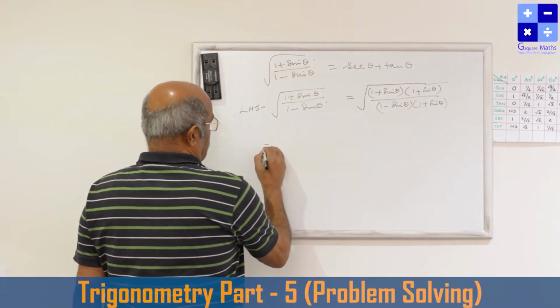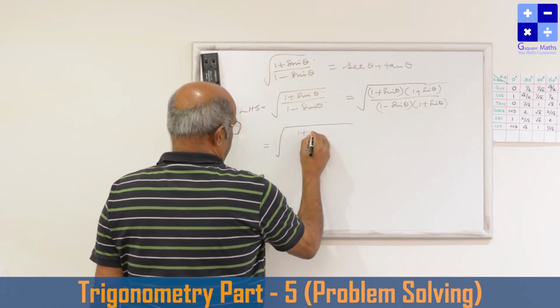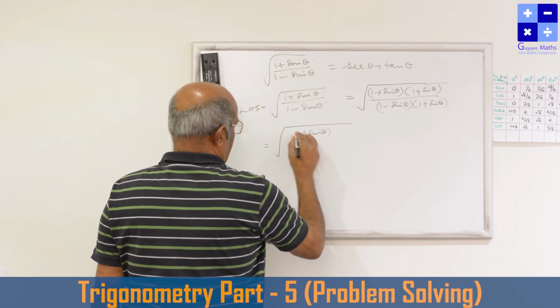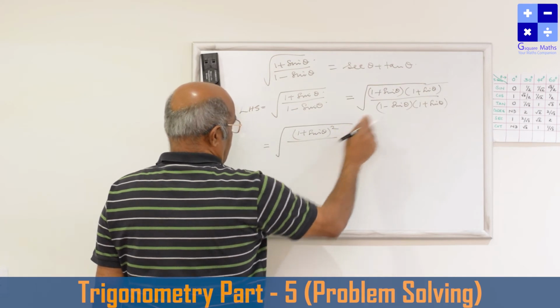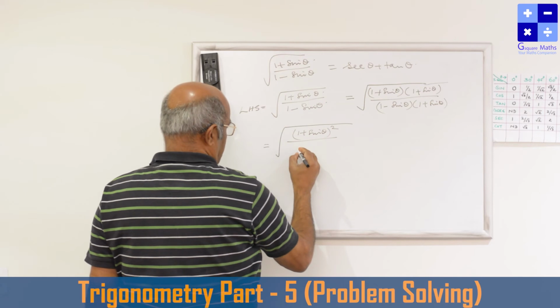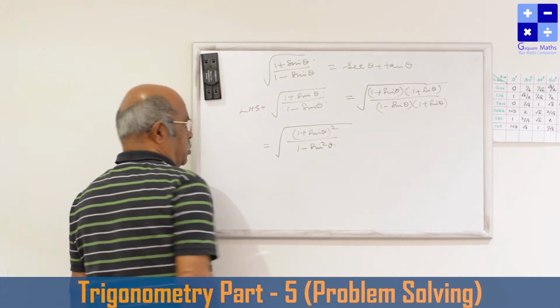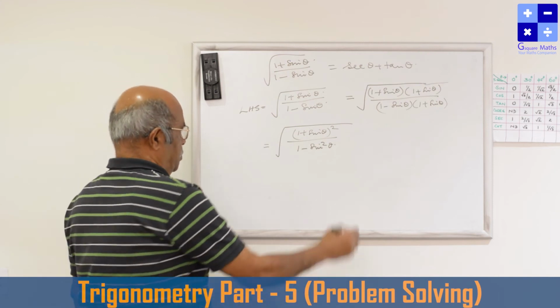So that is equal to square root of 1 plus sin theta whole square by 1 plus sin theta into 1 minus sin theta, which is nothing but 1 minus sin square theta. A plus b into a minus b is equal to a square minus b square.